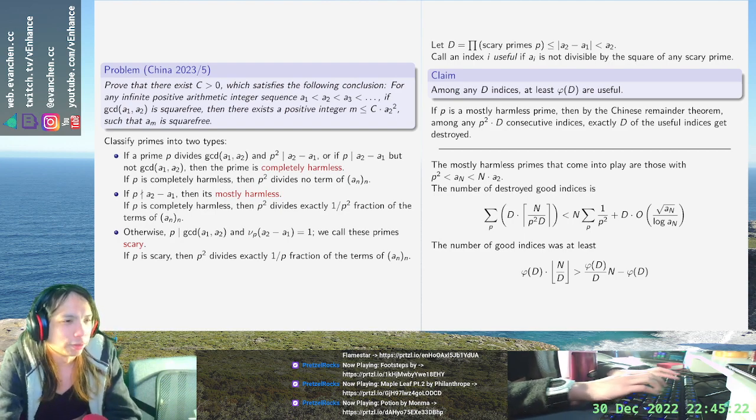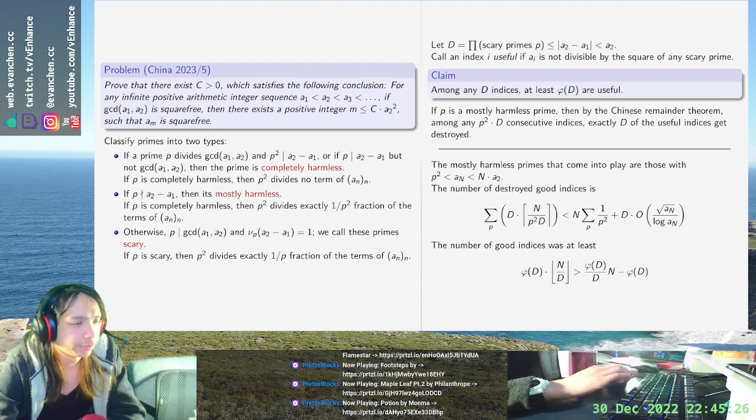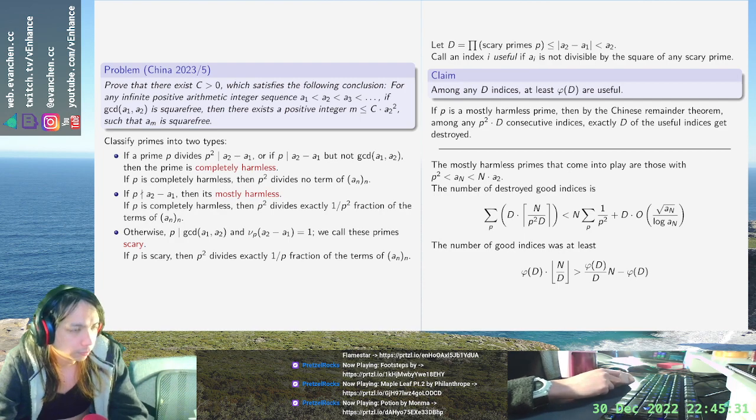Also, I think it's completely harmless. I don't need it to divide the GCD, I just need it to divide the difference. If p squared ever divides the difference, it's okay. And if it divides the difference but not any term, it's also okay.